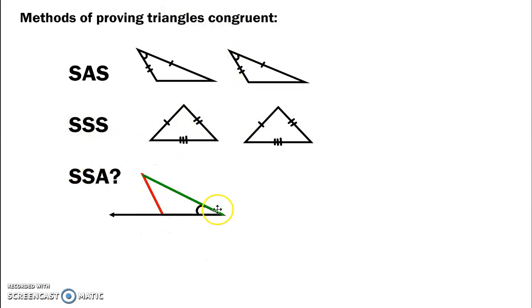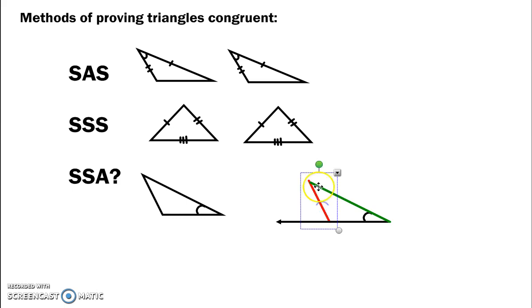If we know two sides and an angle, can we make an identical triangle? I take this side and the angle, and I know that this is this length, so would I have to make the exact same triangle? Well, if I line it up this way, I'd get the same triangle there. However, I could also take that same length and line it up this way and have a triangle that's not congruent, right?